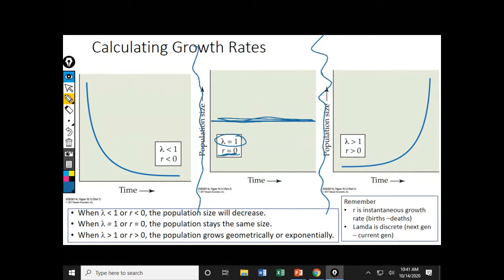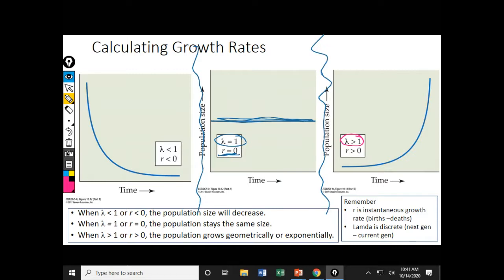So let's look to the right. We remember a lambda of greater than 1, like 1.2. 1.2 times 100 was 120, giving me positive population growth. In this case, R greater than 0, and these are usually decimals, like an R of 0.3, is going to be population growth.